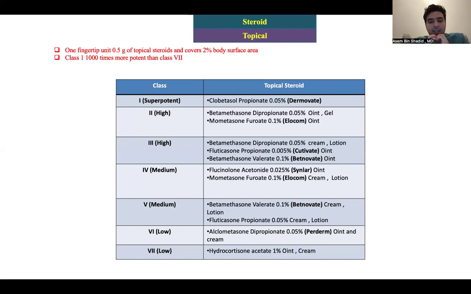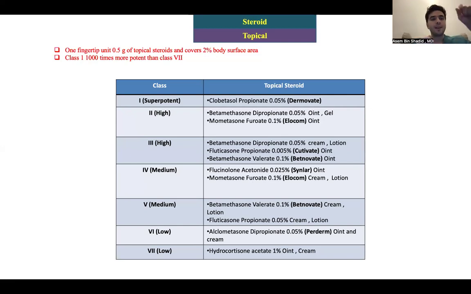So the safest is hydrocortisone. Okay? You will always give hydrocortisone in this area. Great? Okay. If I'm thinking body or the main body, we will give either betamethasone or mometasone. So remember, B and M, main body and body. Mometasone and betamethasone. H, head and neck and hidden areas, hydrocortisone.